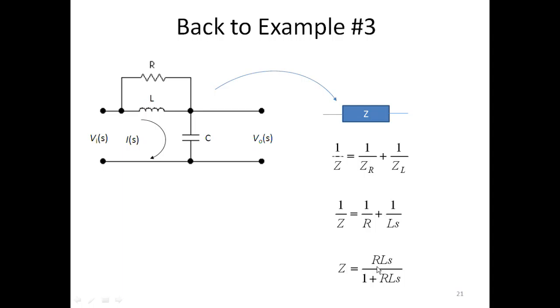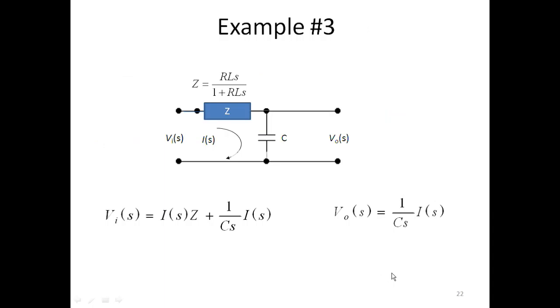So Z is equal to RLs/(R plus Ls). Now just by substituting Z over there and applying KVL, we can easily get the transfer function for the given electrical circuit.